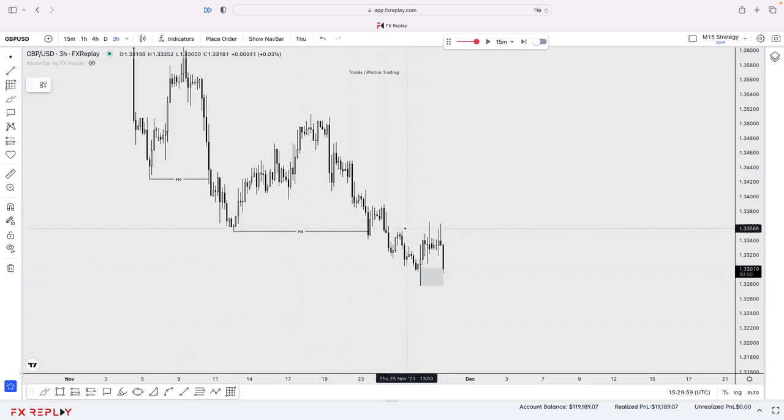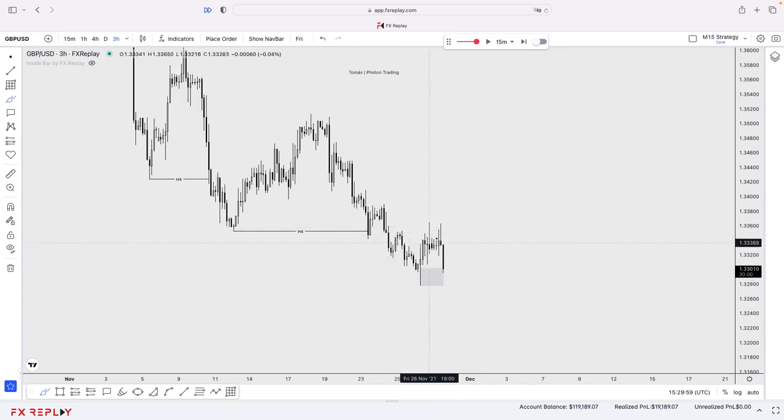This can be used as inducement, price mitigates this POI and will continue down. This is a high probability POI, because this one swept liquidity, following the chain and the series of mitigations, this is the next one. We have inducement below. So swept, chain, inducement, mitigate, and then it can go to the downside.